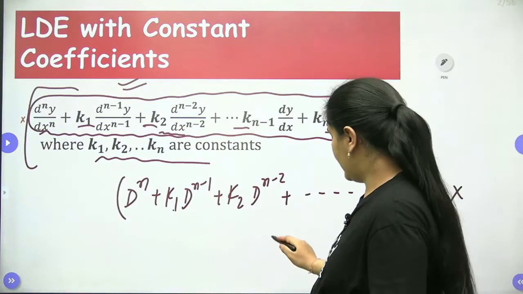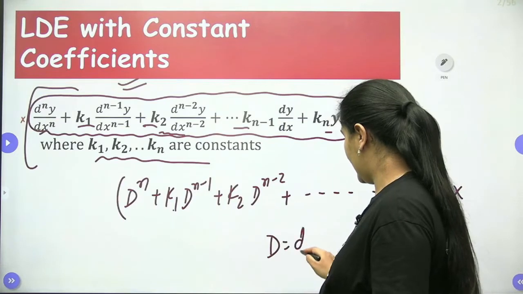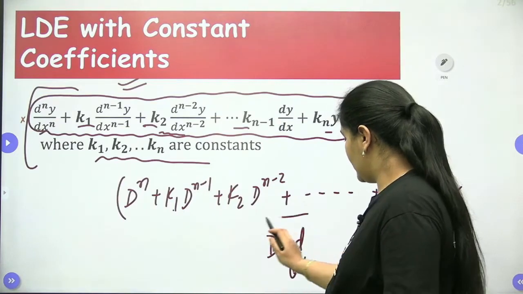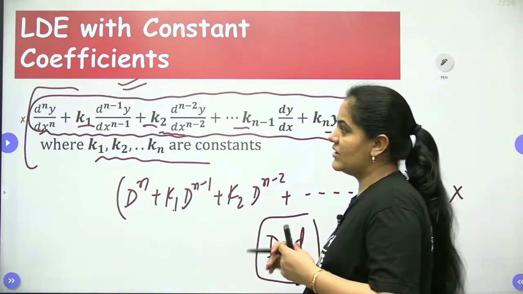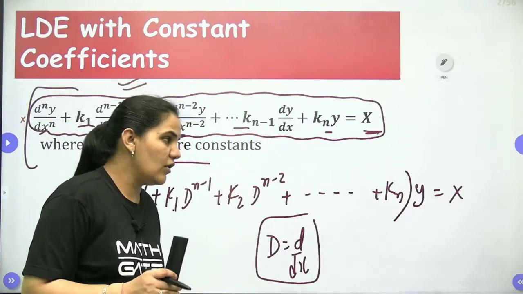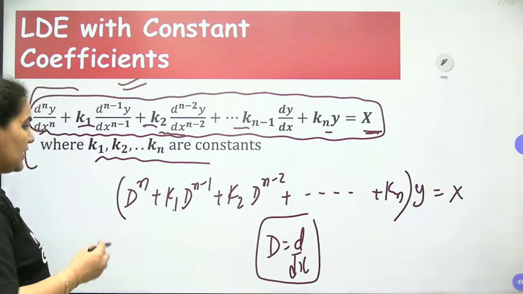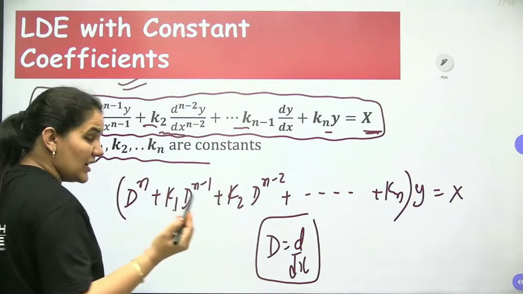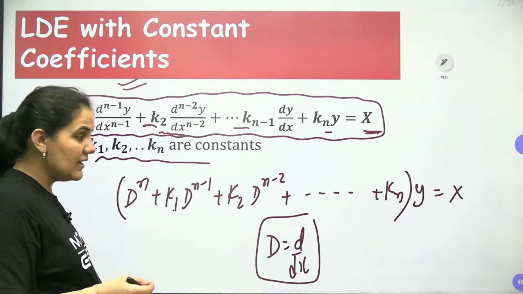As we know very well, the capital D is nothing but the derivative d by dx only. So we can write down the equation in the form of capital D also. When we write it in the form of capital D, the complete equation is nothing but a function of D.